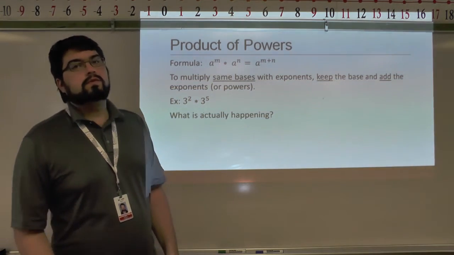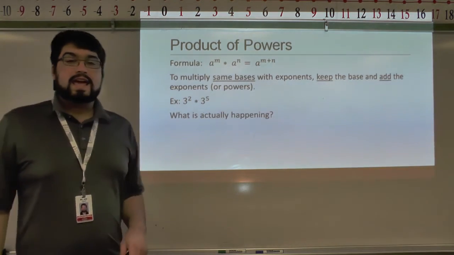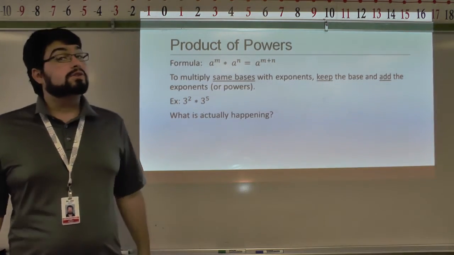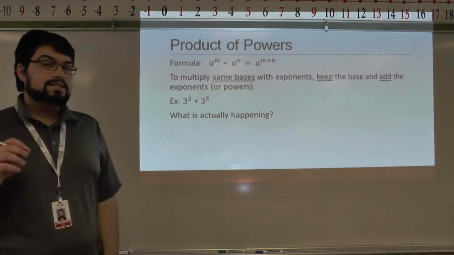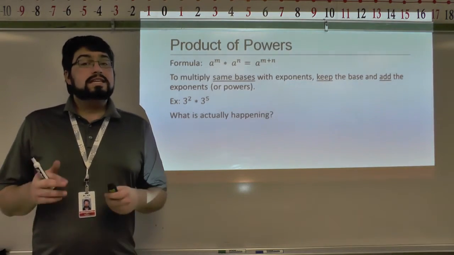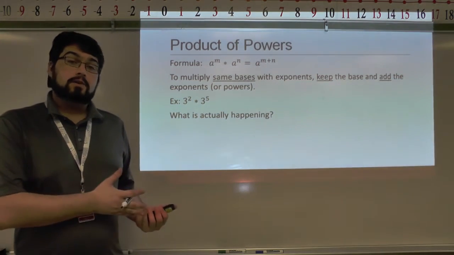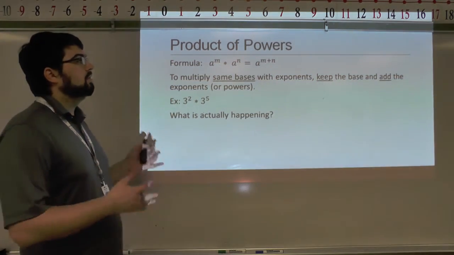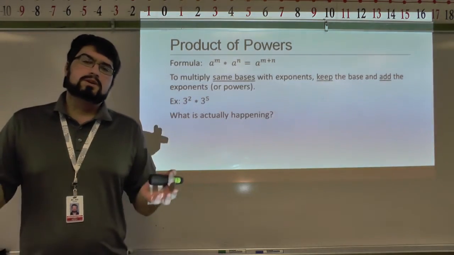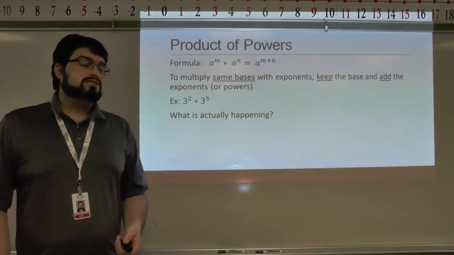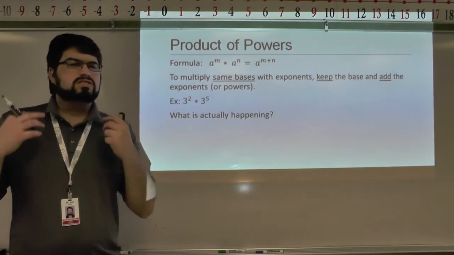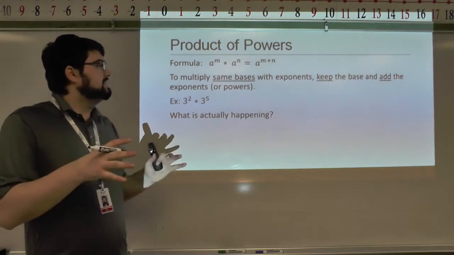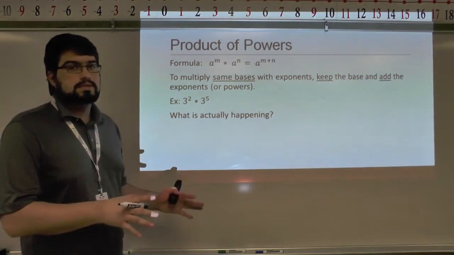Now there is a certain formula to it, and that formula is a to the m power times a to the nth power, and it's going to be equal to a to the m plus n power. Now just looking at these is kind of confusing because it's all just letters and there's no numbers to it. So let's just try to read this definition and see if we can make some sense out of it.